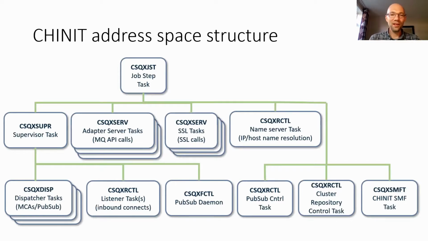So when we were looking at the queue manager, we broke down the internals of the queue manager into the different resource managers that logically look after different areas, different resources within the queue manager. Within the channel initiator, it makes sense to look at it in terms of the different tasks that run within the channel initiator.